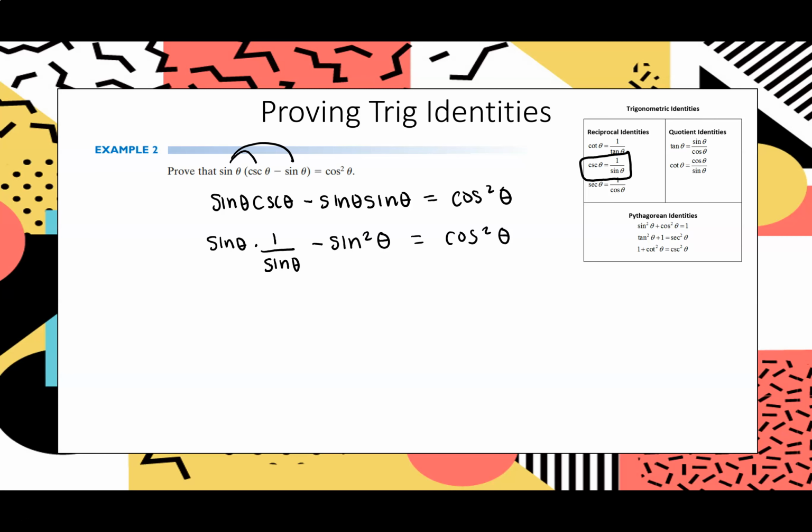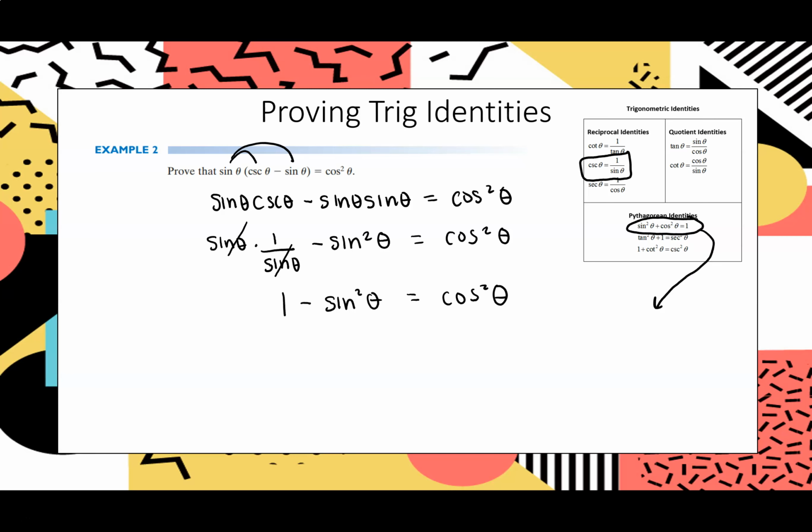What happens with sine theta times 1 over sine theta? Well, these two things cancel out. It's not gone. We're left with 1 because sine divided by sine is 1. So this is going to give me 1 minus sine squared theta is equal to cosine squared theta. Now remember from the review here that we can take this thing right here and rewrite it.